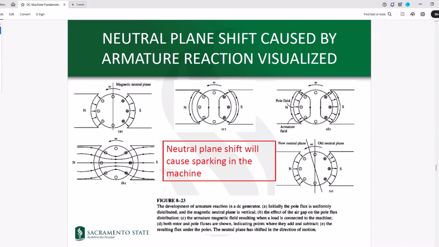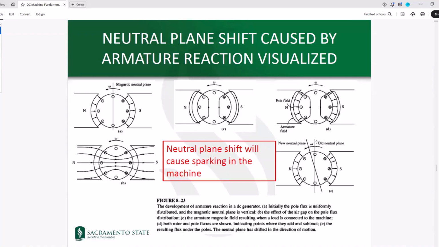So the flux would be bigger in here, and the flux density also, at this point on the, let's say, northeast, as well as the southwest. You can see that at these points, the overall flux is becoming more, or the magnetic field intensity is becoming more. And this will result in what we call neutral plane shift.